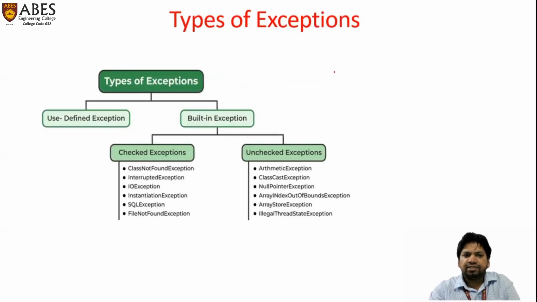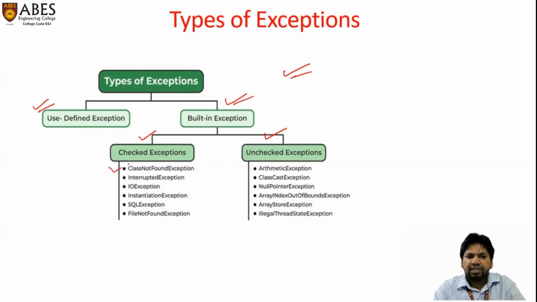The types of exceptions. If you talk about exceptions, what are the types of exceptions? There are user defined exceptions and built-in exceptions. User defined is different, and the second is built-in exception. In built-in exceptions there are two types, checked exception and unchecked exception. In checked exceptions there are some parts.